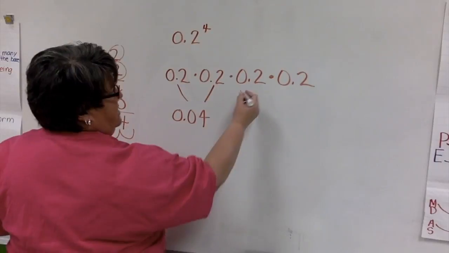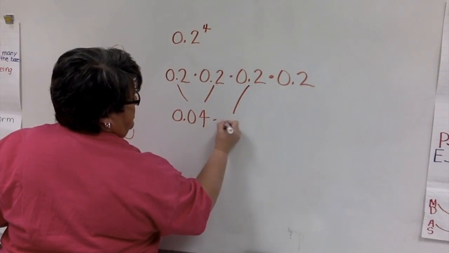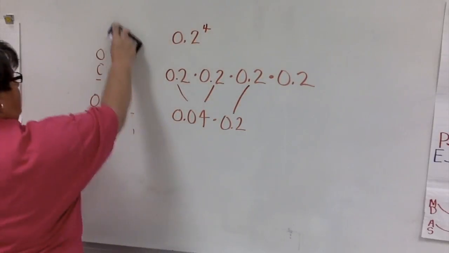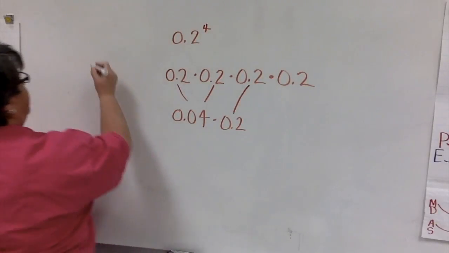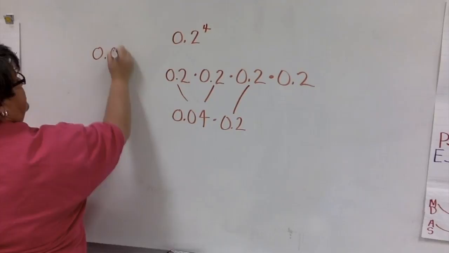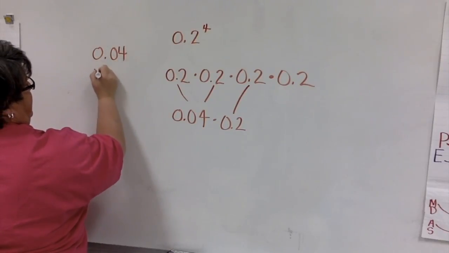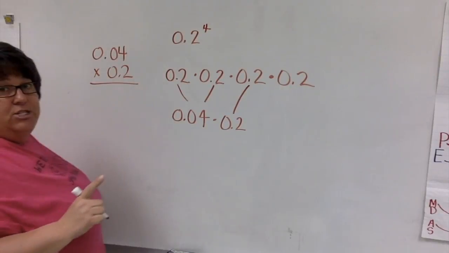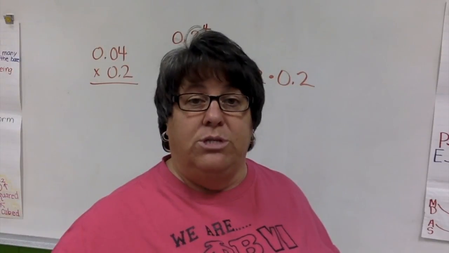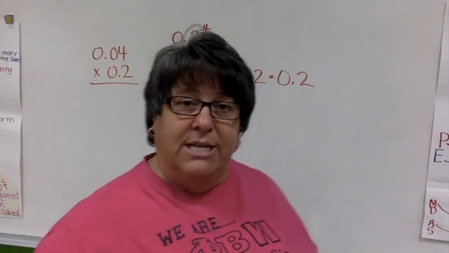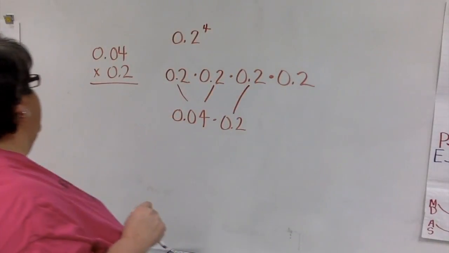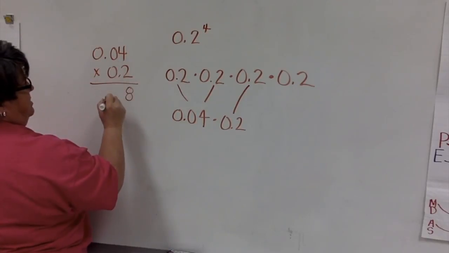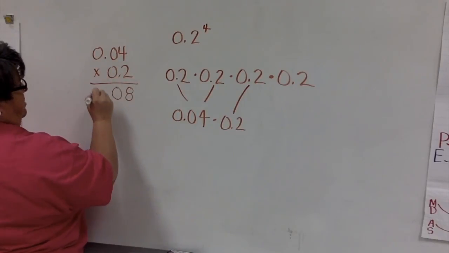Now I have to take this and multiply it times this 0.2. Okay? 0.04 times 0.2. I'm doing multiplication with decimals, so I don't have to line up my decimals. 2 times 4 is 8. 2 times 0 is 0. 2 times 0 is 0.